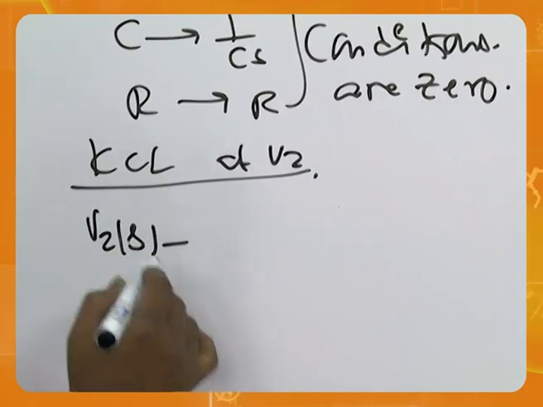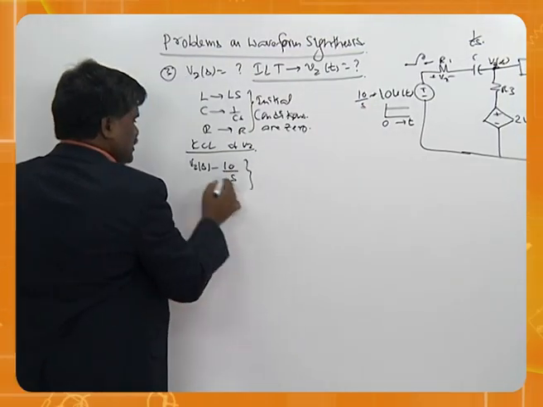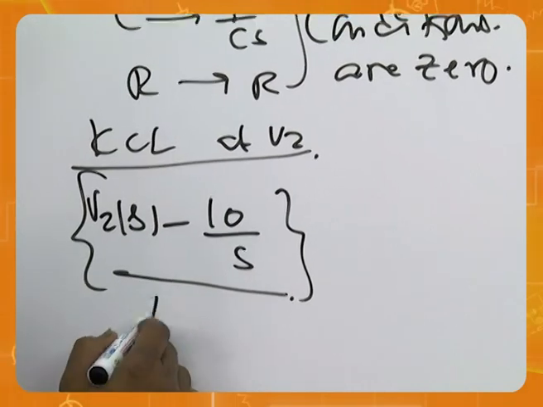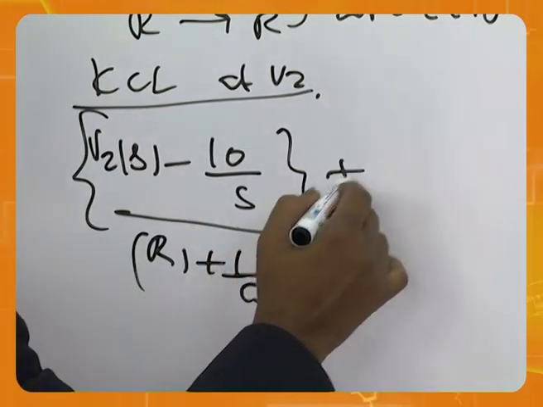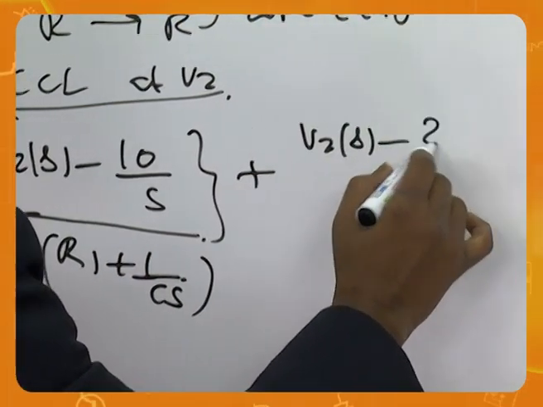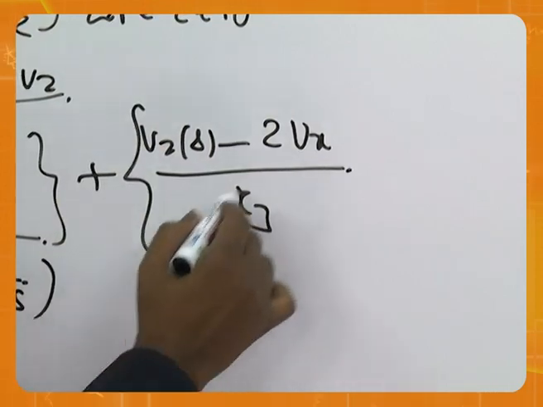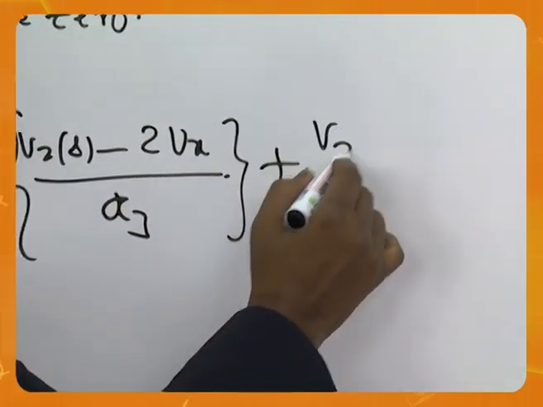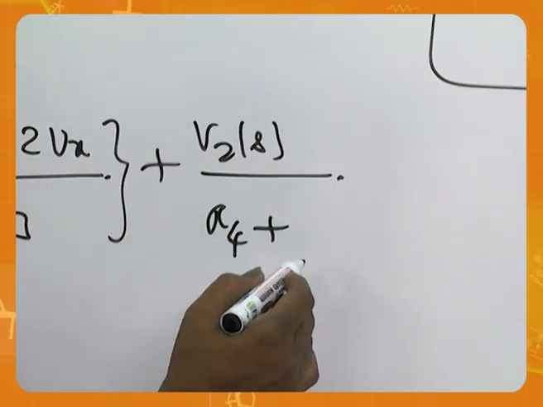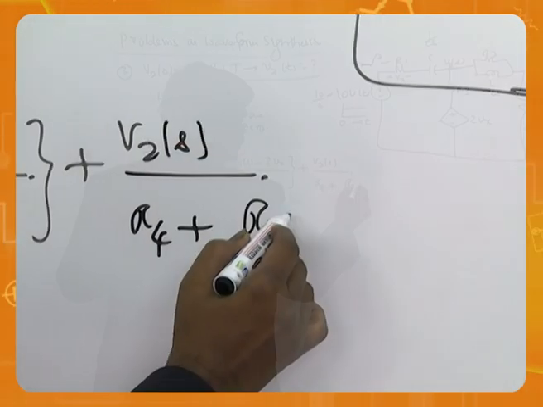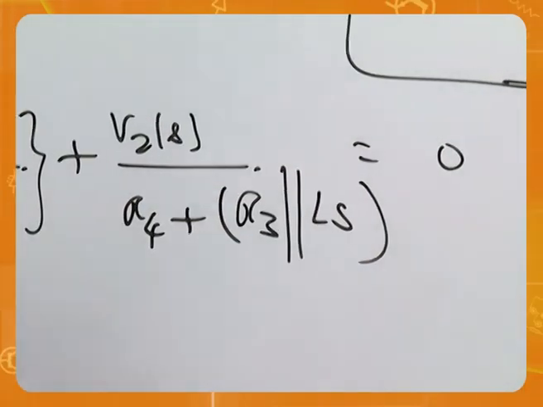V2 of S minus, this becomes 10 by S, 10 by S, divided by R1 plus 1 by Cs, okay, plus V2 of S minus 2 into V of X divided by R3 plus V2 of S by R4 plus parallel combination of R3 into Ls is equal to 0.